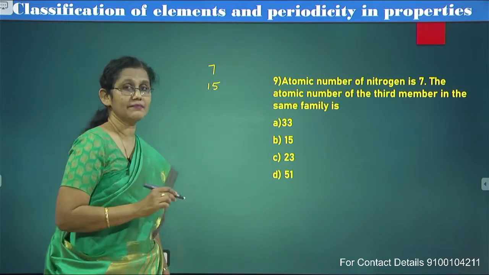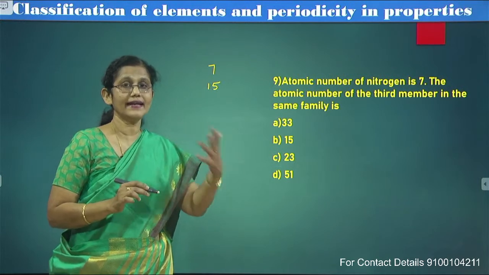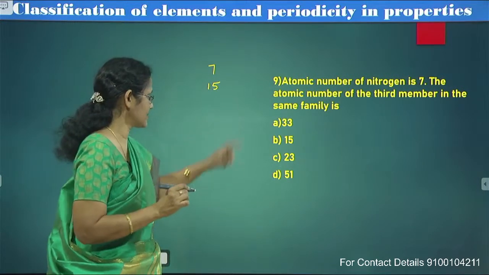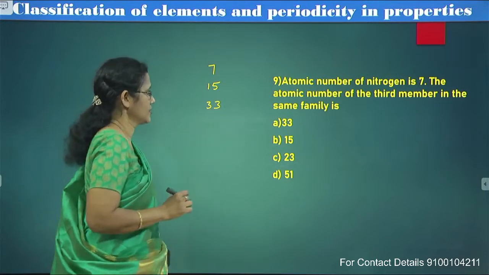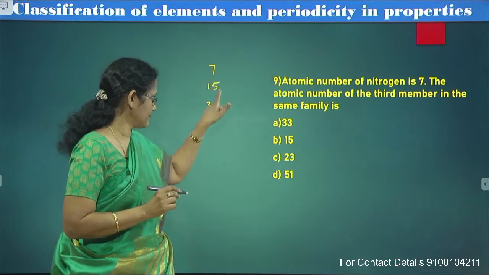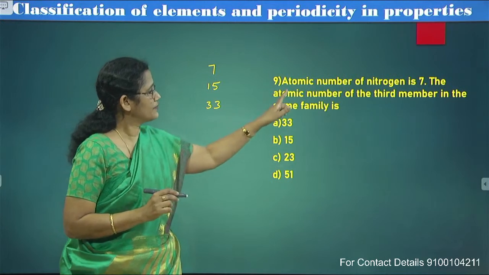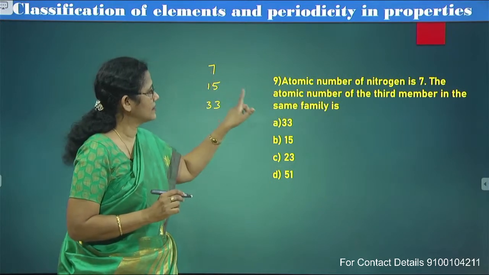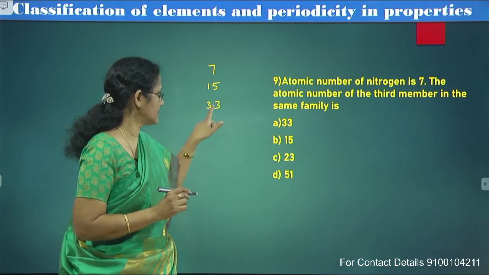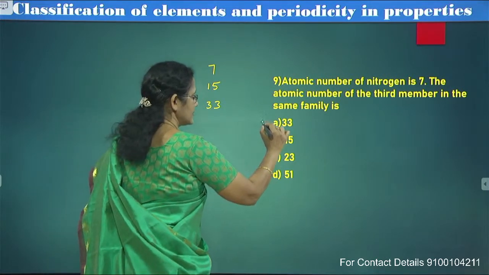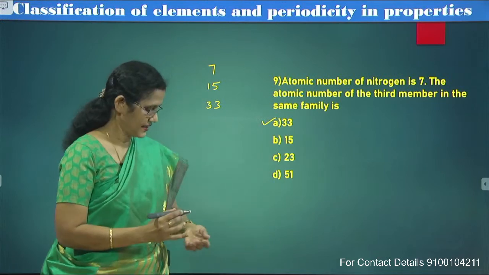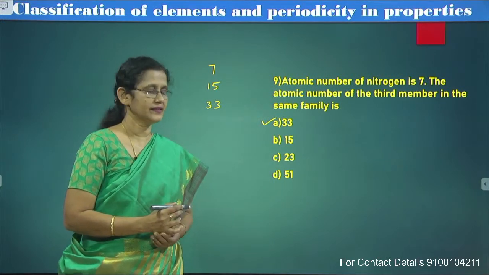After the 13th element what we said, go on adding 18. So, 15 plus 18, 33. So, first member, second member, third member. The atomic number of the third member in the same family should be 33. The correct answer should be 33, right.